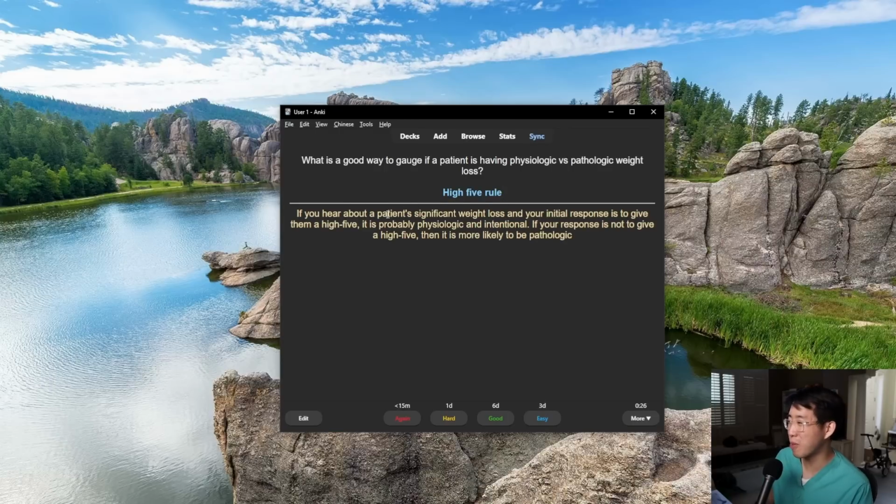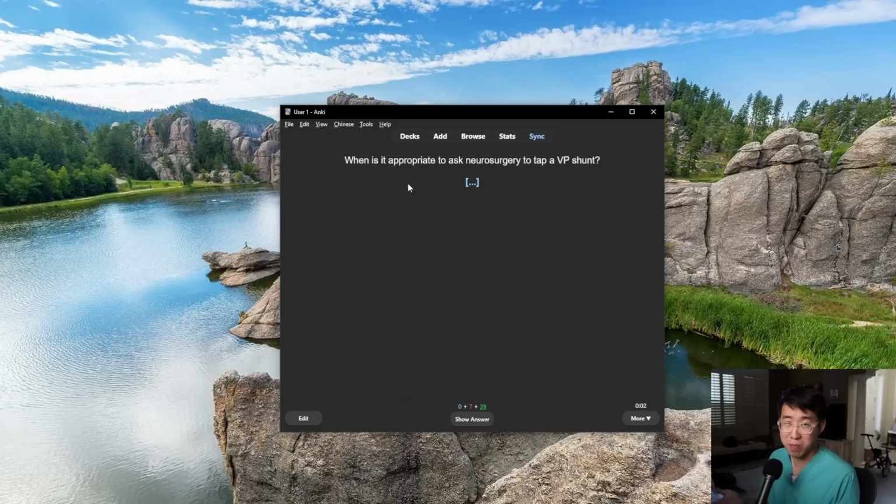So if you hear about a patient's significant weight loss and your initial response is to give them a high 5, it is probably physiologic and intentional. If your initial response is not to give a high 5 and you're concerned because they have all these other symptoms going on and respiratory symptoms, then it's more likely to be pathologic. I thought it was kind of a funny way to put it, and potentially useful, right, when you're teaching somebody.